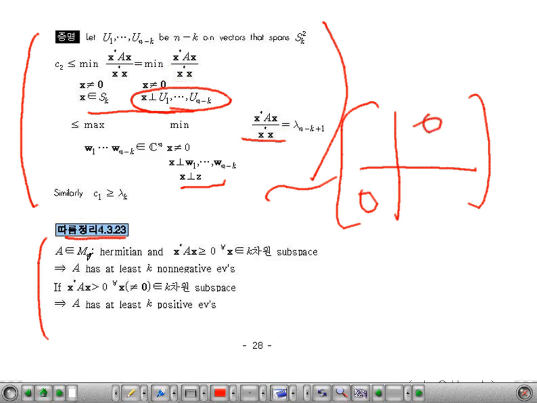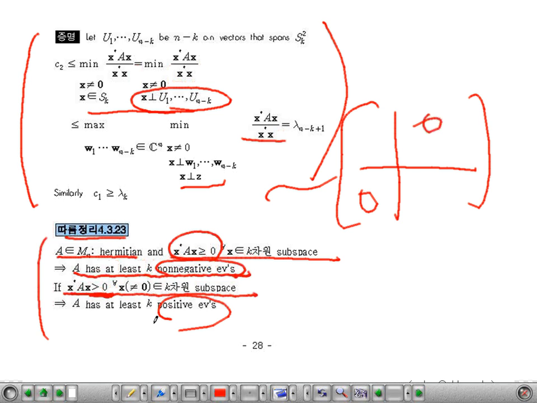The next corollary is about when you have a Hermitian matrix, then A has at least k non-negative eigenvalues. If we have a strict inequality like this, then you have positive eigenvalues; if it's non-negative, then you have non-negative eigenvalues. If the numerical range is strictly positive, then you have positive eigenvalues.